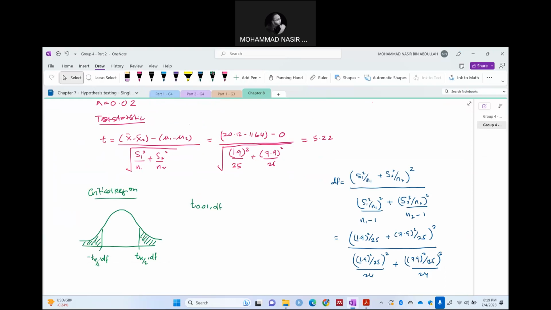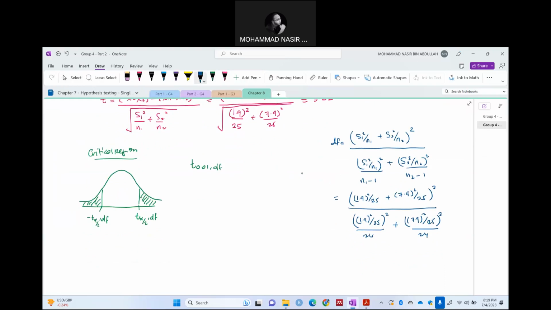Okay, so you calculate this, and it should be equal to 26.77. But if you look at your statistical table, we don't have decimal points, so this is equivalent to 26, or you can take 27 as well, should be okay.